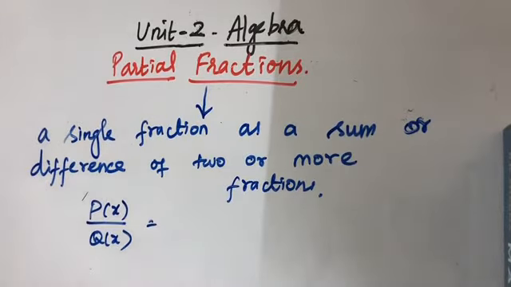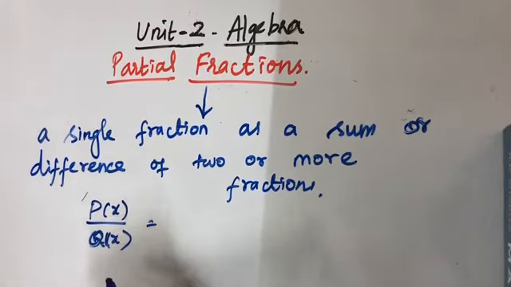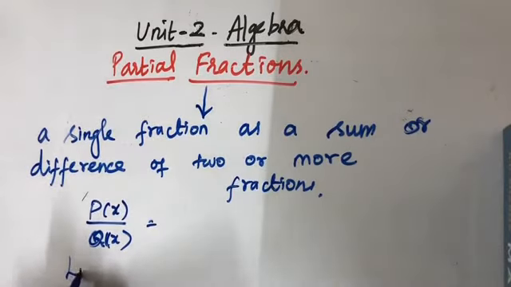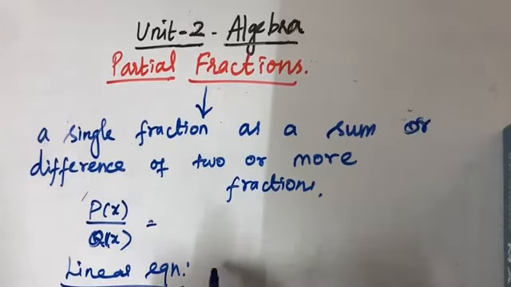The first type is where the denominator, that means q of x, contains non-repeated linear factors. You know what a linear equation is. What is a linear equation? An equation with power 1.